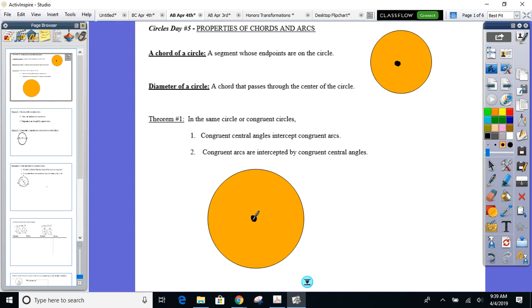Let's go nuts. Let's do two central angles in the same circle. Start labeling the points on the circle where they touch. Label your center as a letter. So at least two central angles, please.